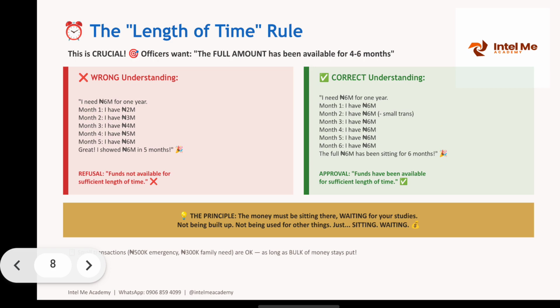But if you are listening to this and you've not started, it's best to keep the funds long before, so it shows that this money is just sitting there waiting for you to use it for your application. Do you understand? That's the best way to go about it to increase your chances of being approved.